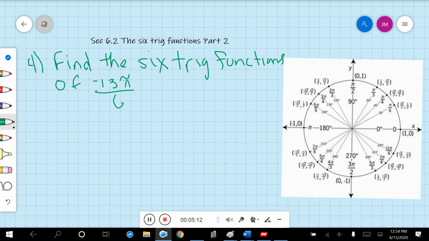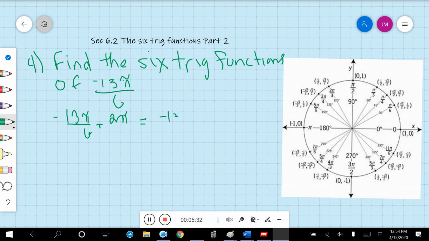Okay, last example. Find the 6 trig functions of negative 13 pi over 6. So the first thing we realize is negative 13 pi over 6 is not on our unit circle. So since it's negative, I'm going to start adding 2 pi.